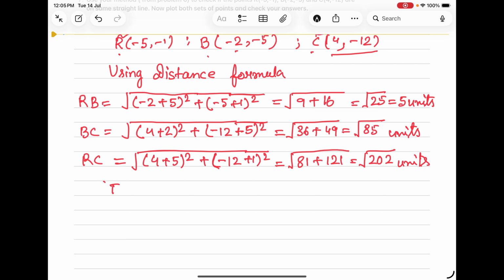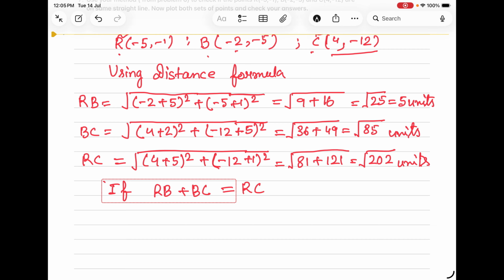So you can write, if RB plus BC equals to RC, but 5 plus square root of 85 does not equal to square root of 202.